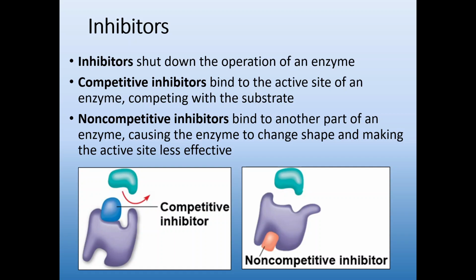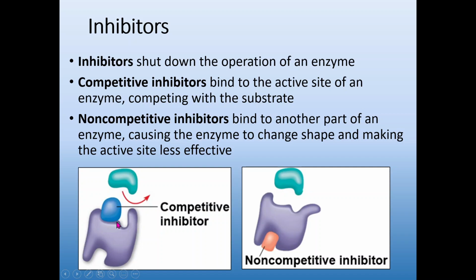I'm focusing on the ones that are specifically functioning for our body. They're a normal part of our function. But like I said, toxins can be inhibitors that are going to block the function of these enzymes. There are two categories. We have competitive inhibitors and non-competitive inhibitors. Competitive inhibitors are going to bind to the active site of the enzyme.